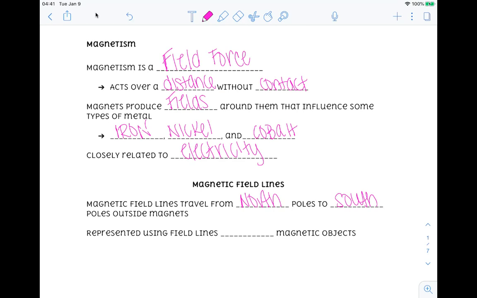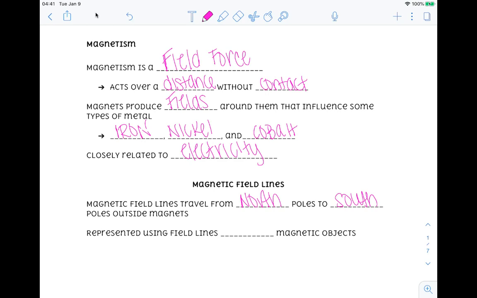We said that you always go from a positive to a negative. So as we draw our field lines, it always goes out from a positive into a negative. The same thought process goes for magnets, in that you're always going to go from your North Pole into your South Pole, always.